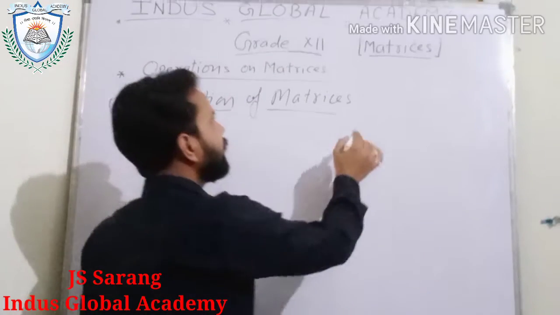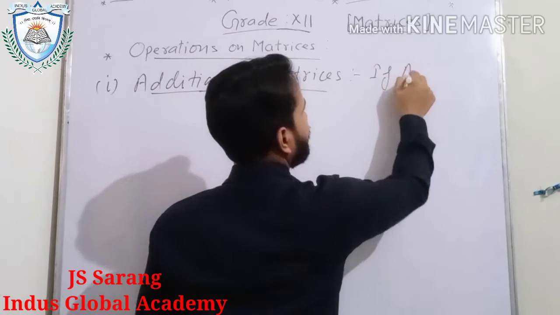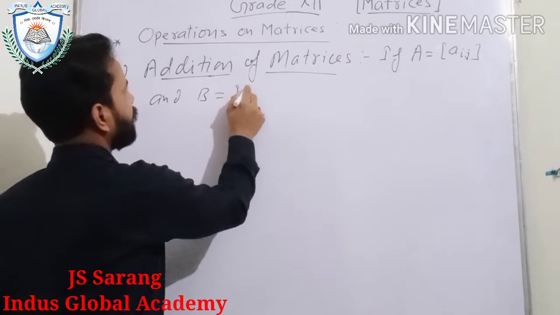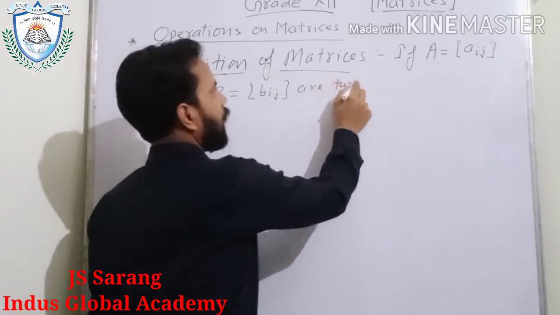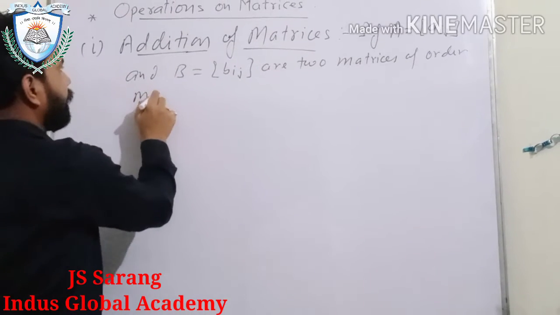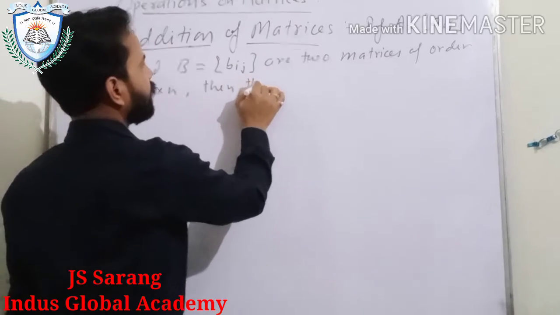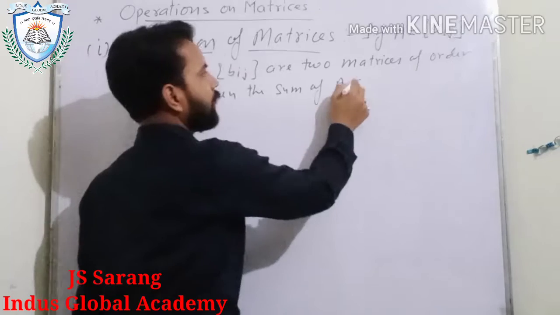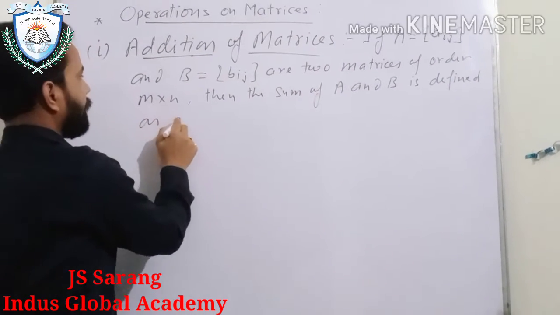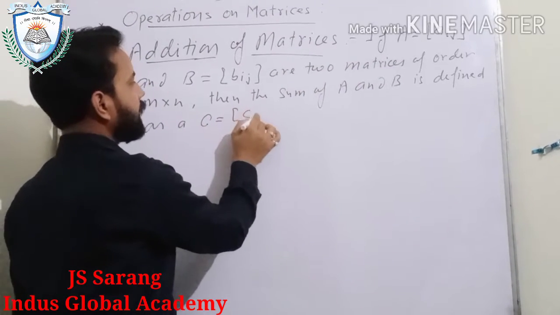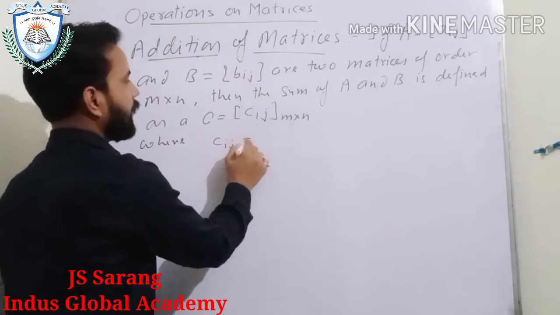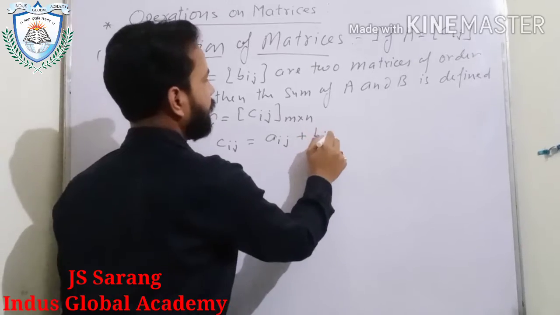In general we can say that if A equal to Aij and B equal to Bij are two matrices of order m by n, then the sum of matrix A and matrix B is defined as a matrix C equal to Cij of order m by n, where Cij is equal to Aij plus Bij.